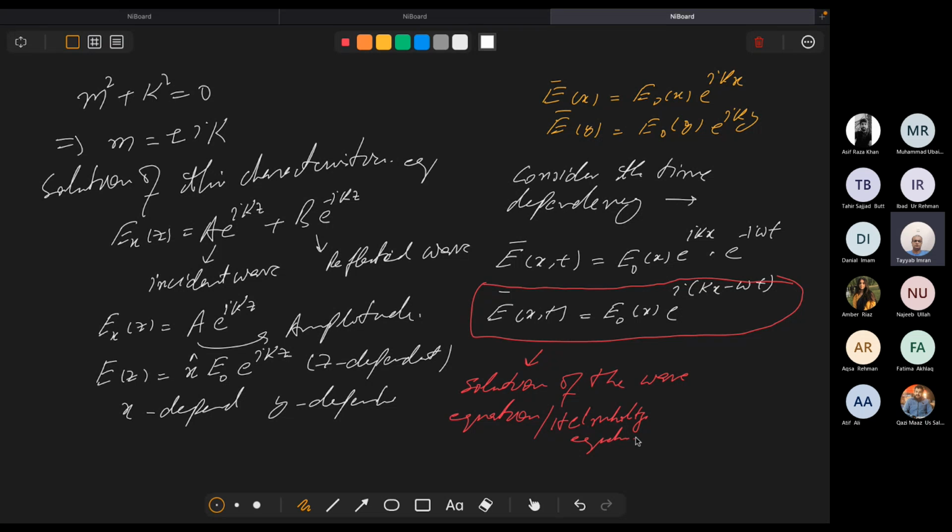Okay, so one thing we concluded: this electric field shows that this is a solution of the wave equation or Helmholtz equation.